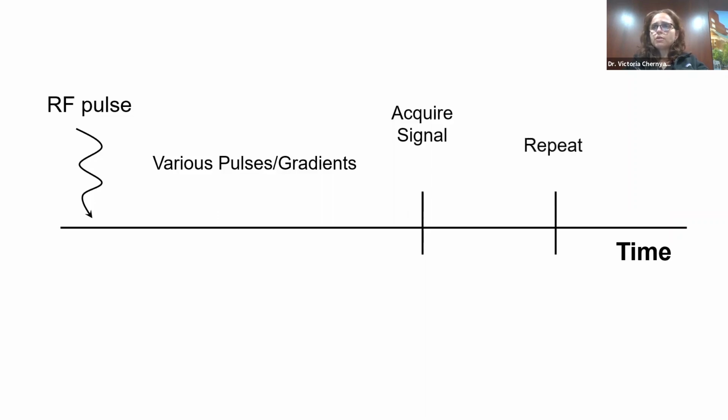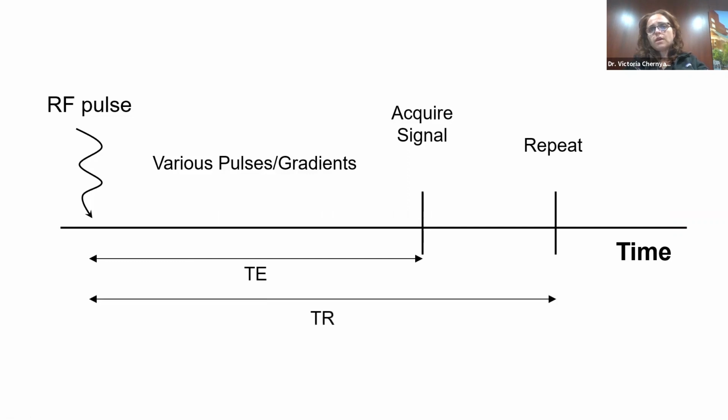Then there is usually a little bit of time, and then the sequence will be repeated. The time that passes between the initial RF pulse and the time when the coil actually listens is called TE, time to echo. And the time between one RF pulse and the next RF pulse is called TR, time to repeat.